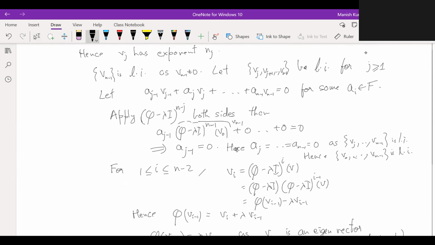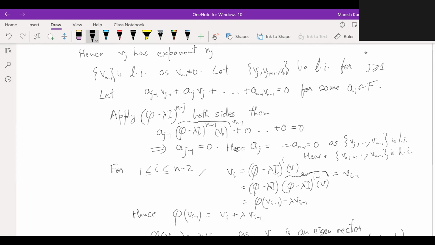For i between 1 and n minus 2, we know that Vi is just phi minus lambda I to the power i applied to V. This is the definition of Vi. We can split it into two factors: phi minus lambda I times phi minus lambda I to the power i minus 1 applied to V. The second factor is precisely Vi minus 1, by definition.